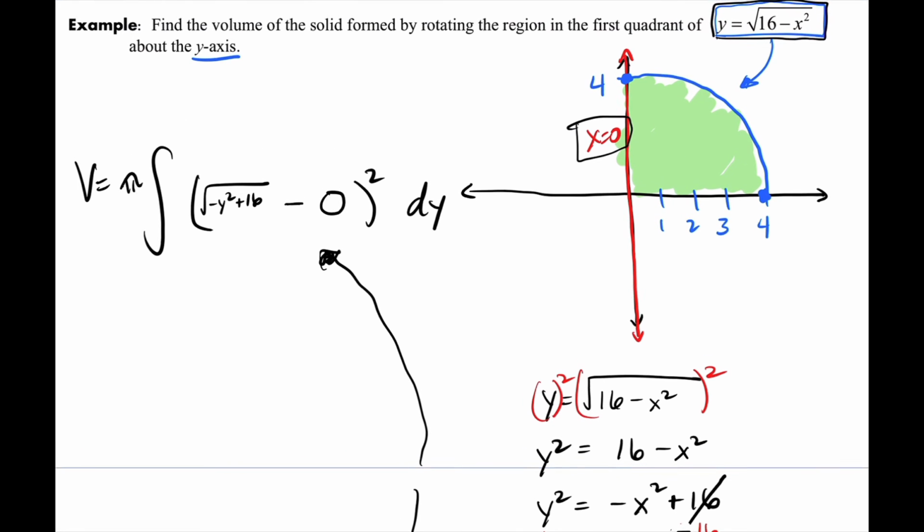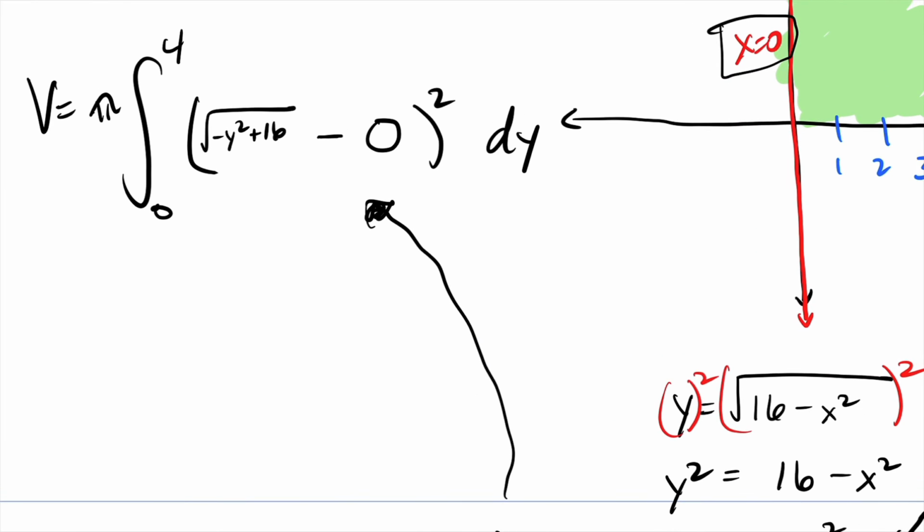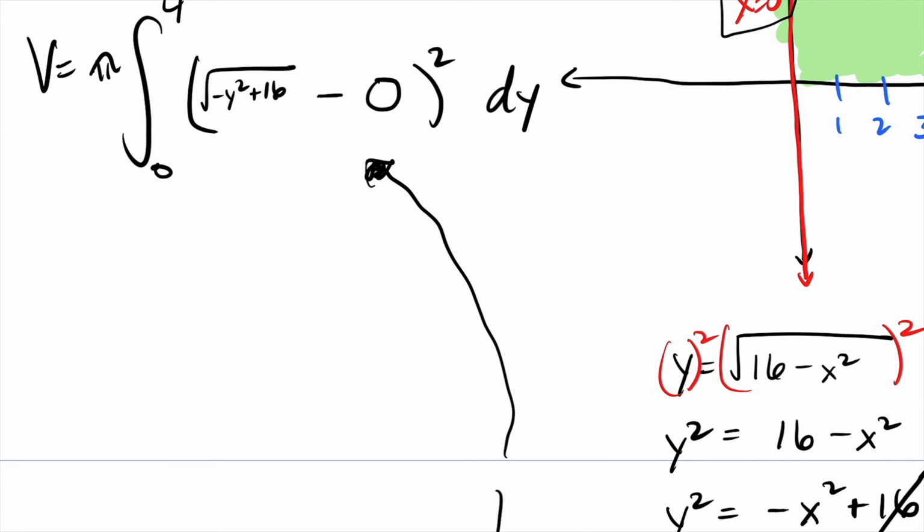And what would the bounds be for this guy? Yep. Top or bottom, left or right, it doesn't matter since it's a semicircle. Okay. All right. So we have to finish this problem.